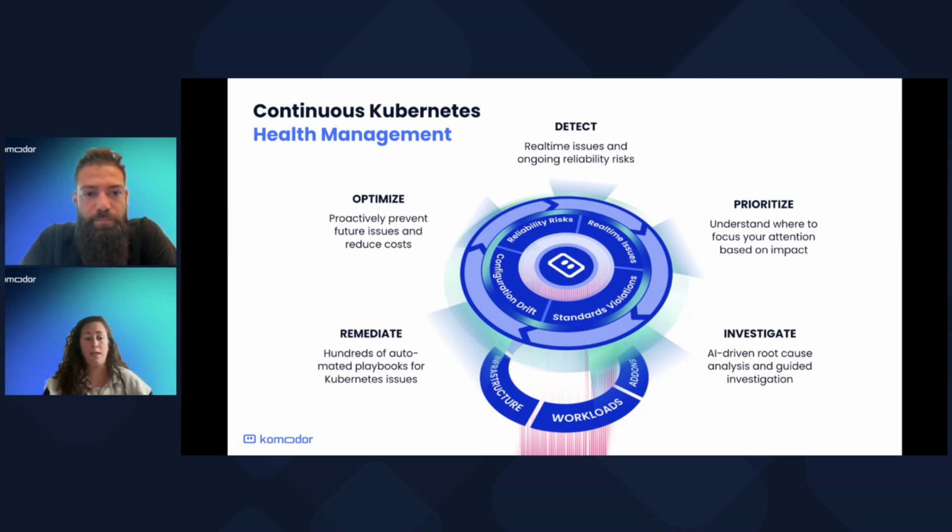We then help you in remediating. We have runbooks, we have out-of-the-box solutions that are supposed to help you in finding the right solution for that exact problem. And eventually, we also proactively optimize your Kubernetes health, and by that, help you in preventing similar issues from happening again in the future.